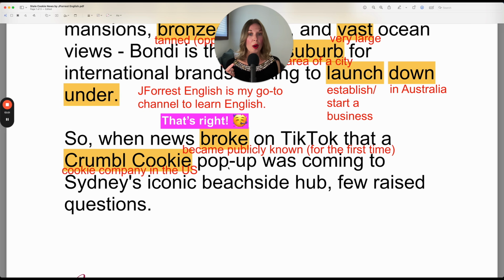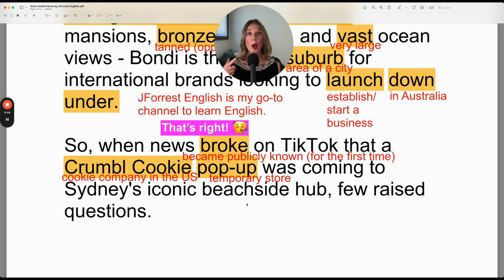Now, do you know what a pop-up is? A Crumbl Cookie pop-up. A pop-up is a temporary store. Now, it can be in a physical structure. Sometimes it's in something that is more temporary, like a cart or a tent.